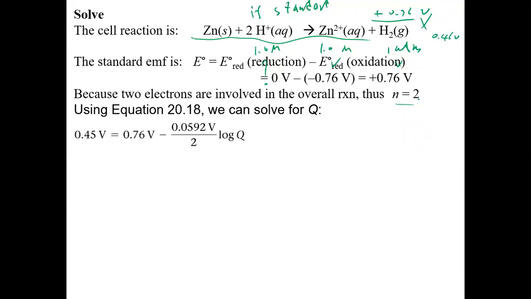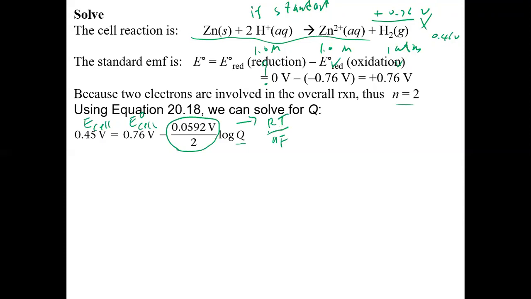You can either use the initial Nernst equation, or use this simple version to calculate what your Q is. So everything is known. So this is the E cell at this condition, and then this is E cell at standard condition. And those just come from R, T, and F.